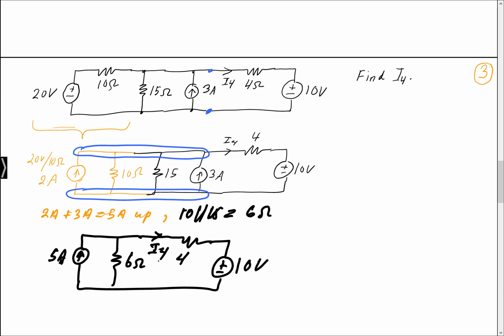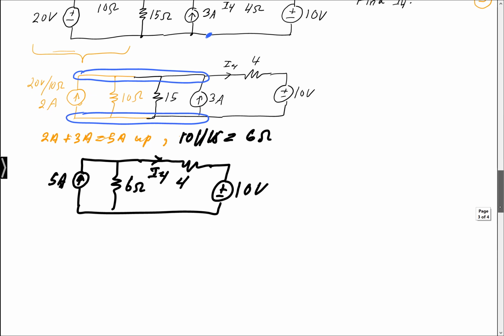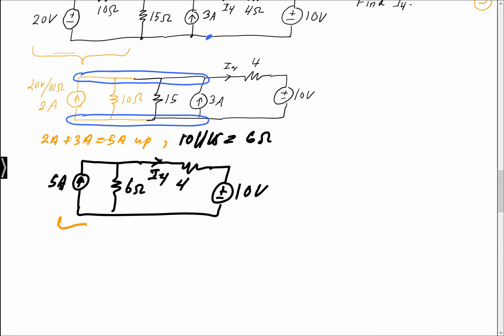What do I do here? Again, I want you to concentrate on going to a simple one-loop circuit. This can be transformed into a 30 volt source in series with a 6 ohm resistor, and then we can continue with the rest of the circuit.